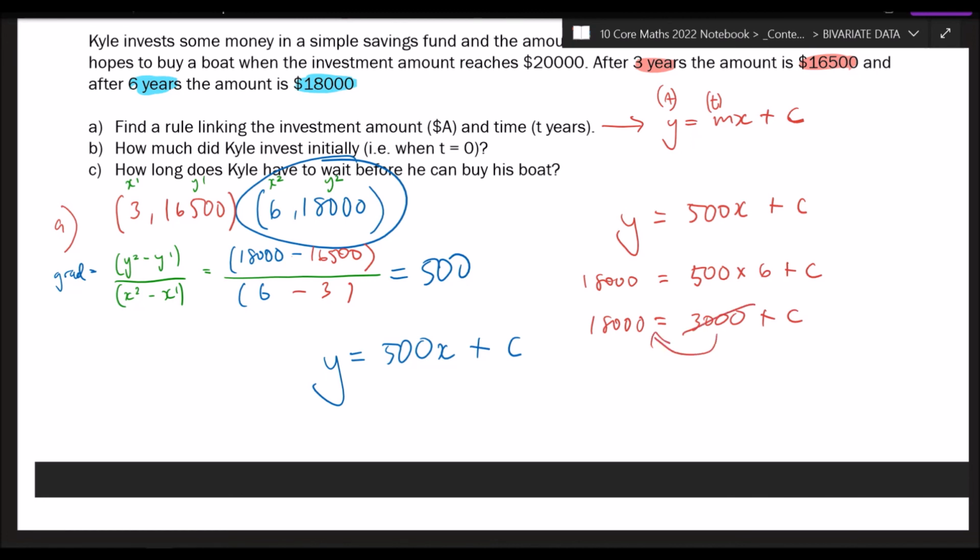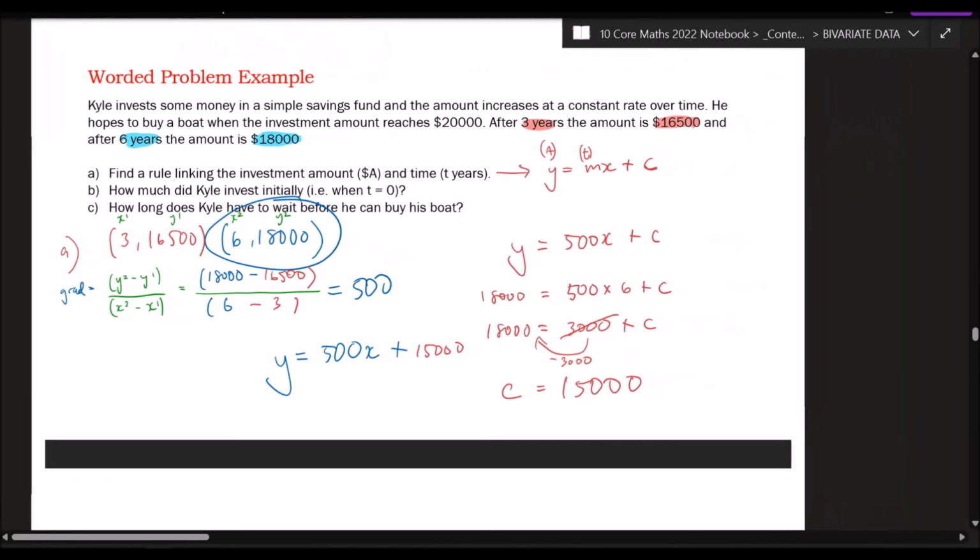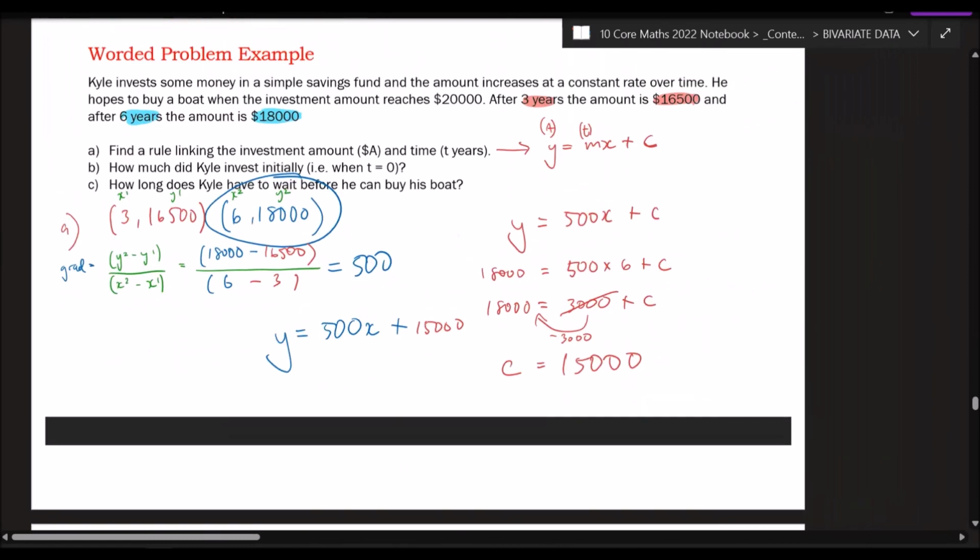Bring it over and it becomes minus 3,000. So c should be 15,000. So our formula is y equals 500x plus 15,000. Any questions with that?